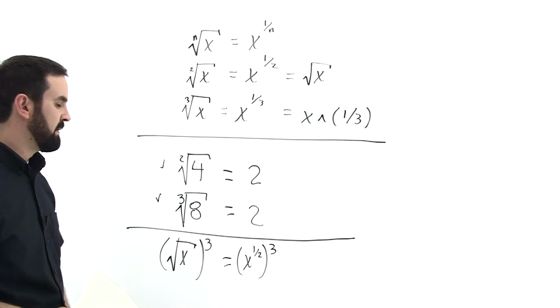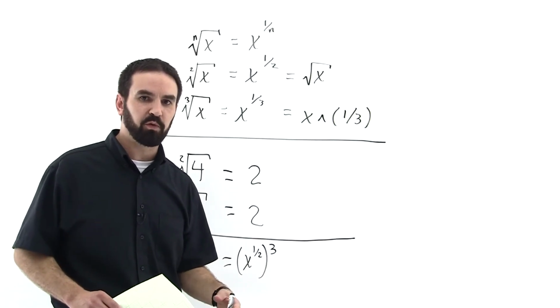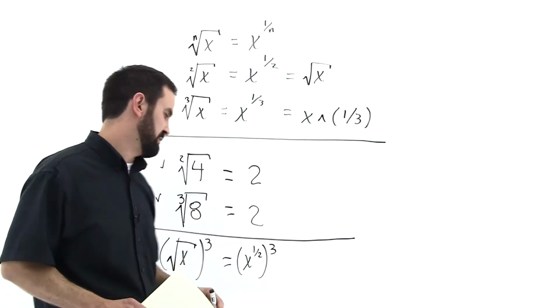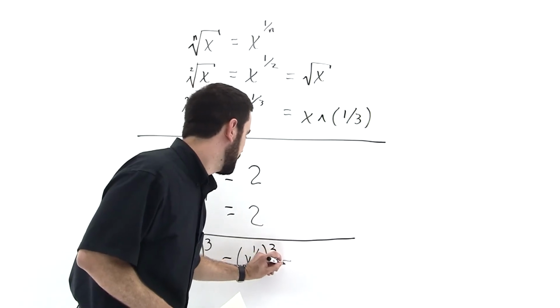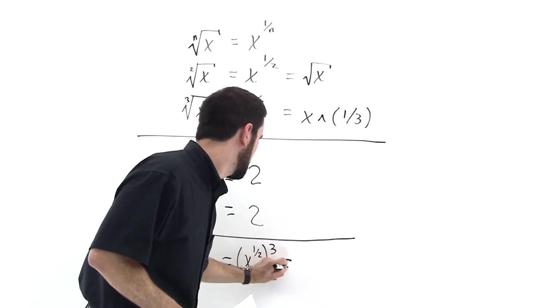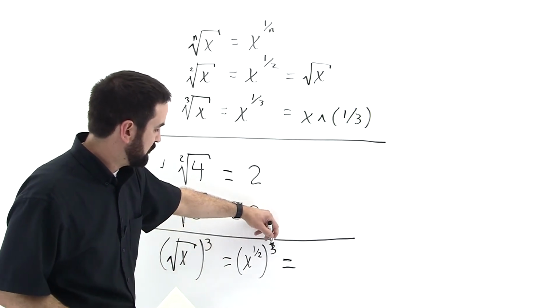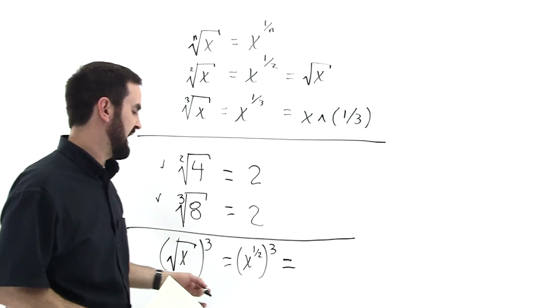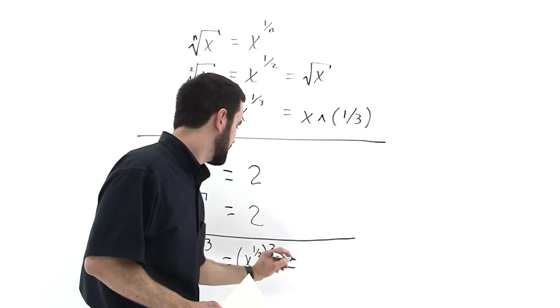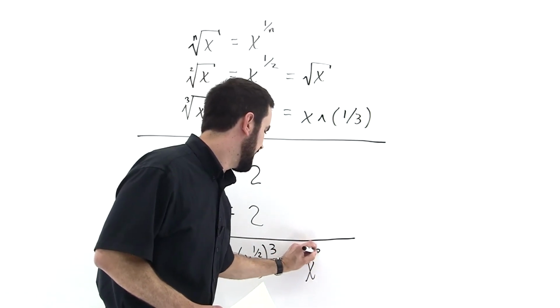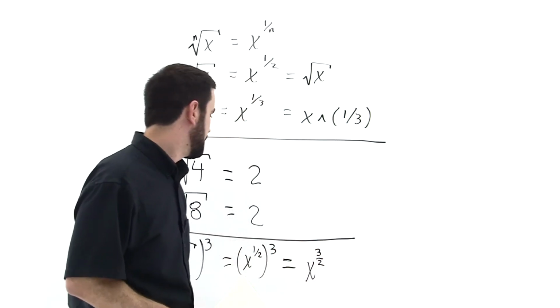Then we remember from our exponent rules, our power rules for algebra, that whenever we raise a power to a power, we just multiply the two powers together. So 3 times 1/2 is 3/2. So this is x to the 3/2, right?